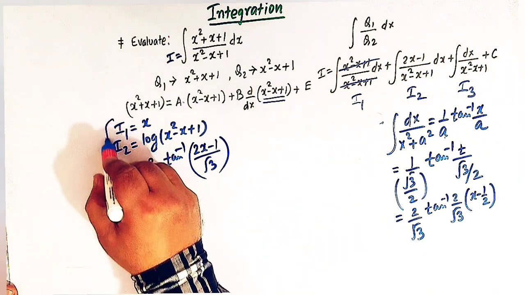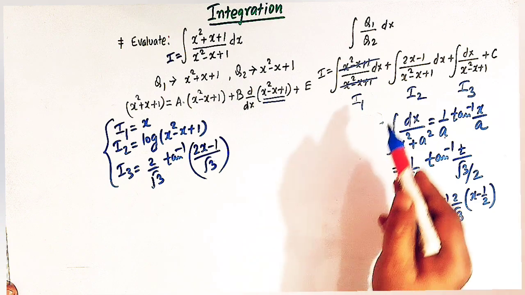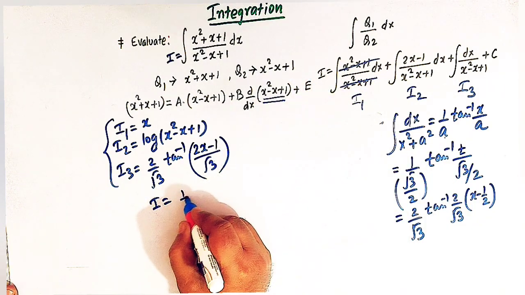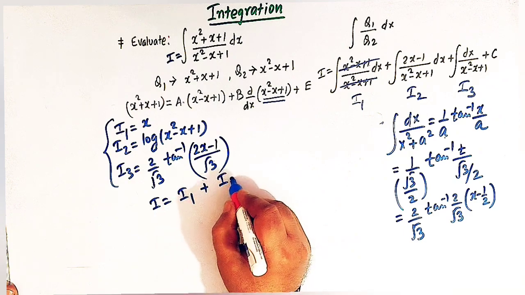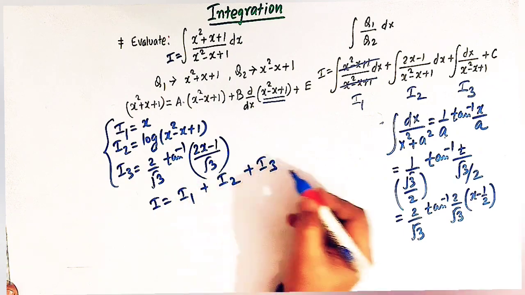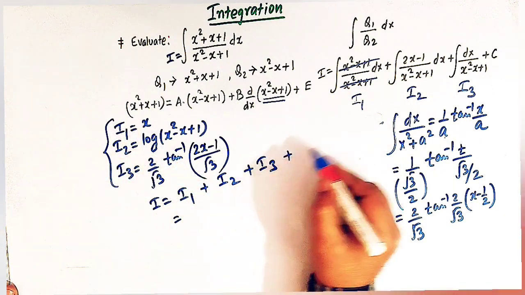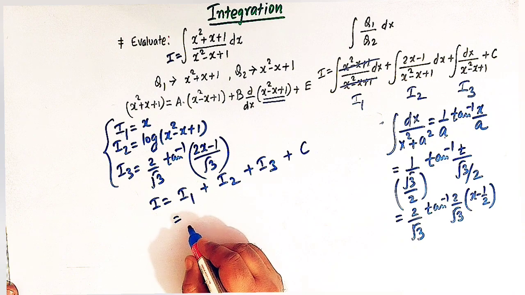So this is how we can solve these three integrals, and now our final integral I can be written as the sum of three integrals, I1, I2 and I3, and obviously the constant of integration c.